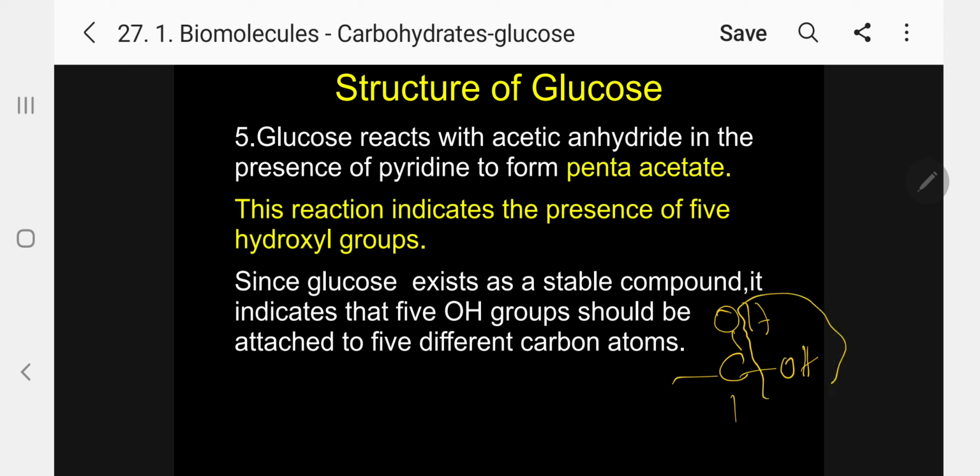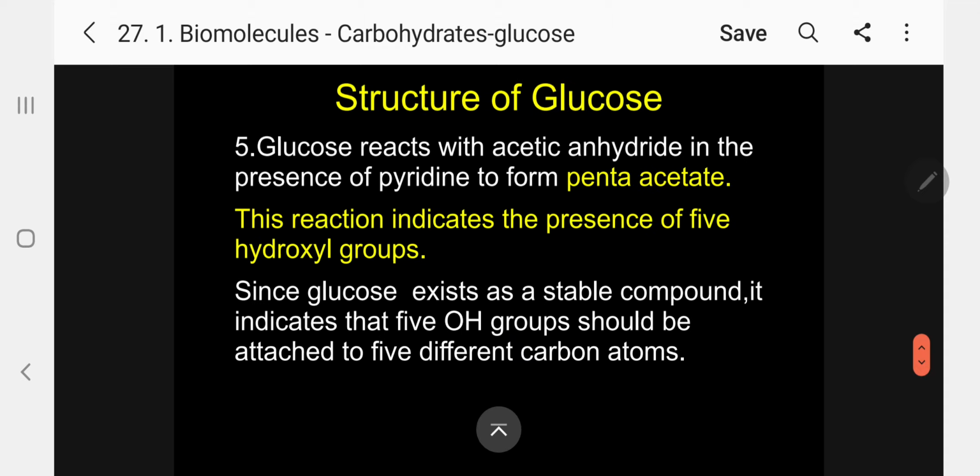Immediately it will eliminate a water molecule. It is not stable. Kindly follow. But glucose is a stable molecule. It indicates 5 OH groups should be attached to 5 different carbon atoms. If 2 OH are attached to the same carbon atom, it will not be stable. Please follow.